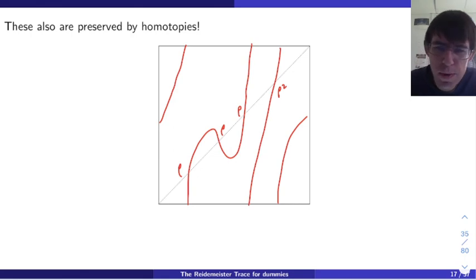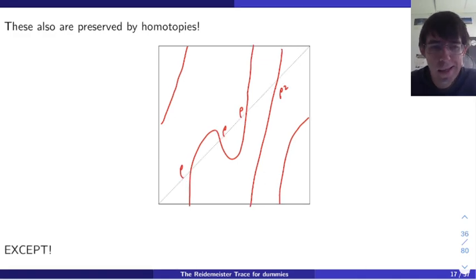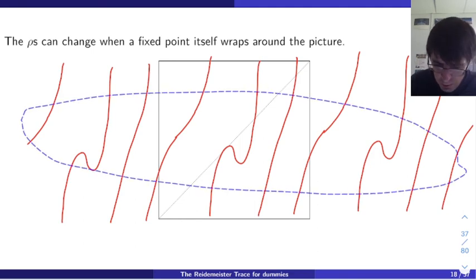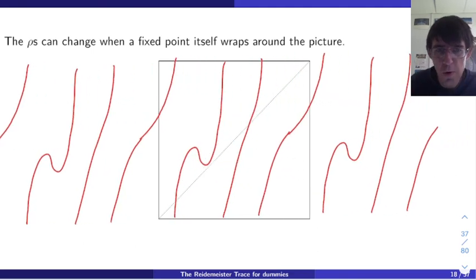And here's where we get to the equivalence relation. Actually, what I said right there is not 100% true. They are preserved, except there's one case in which the Reidemeister class can change. Here I drew the same picture, but I copied it across. That's because I'm about to do some fancy jiggles where I wiggle the function all the way across.